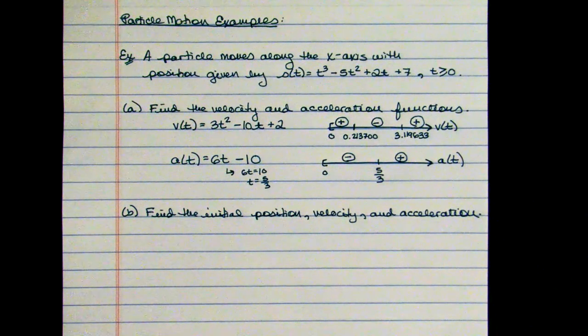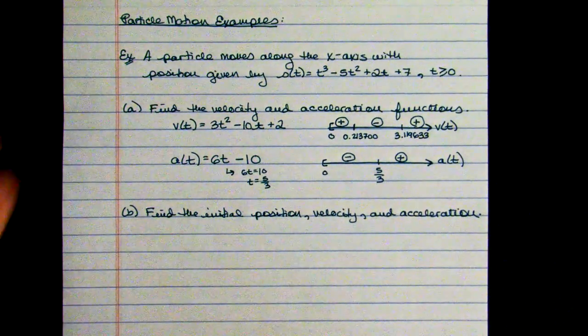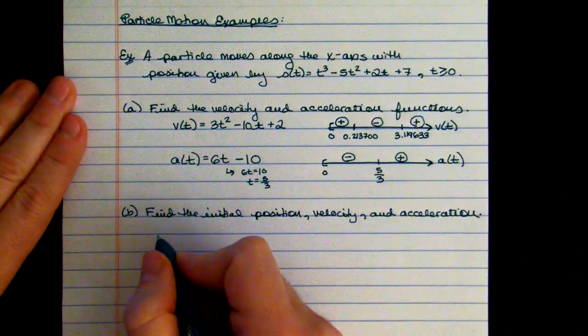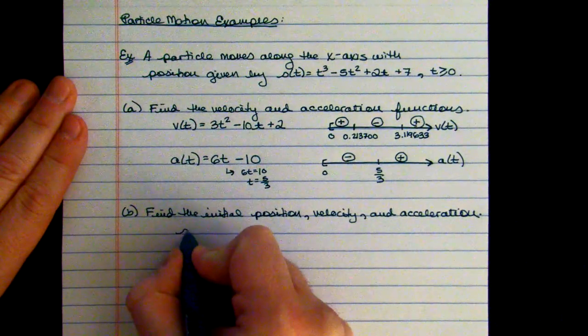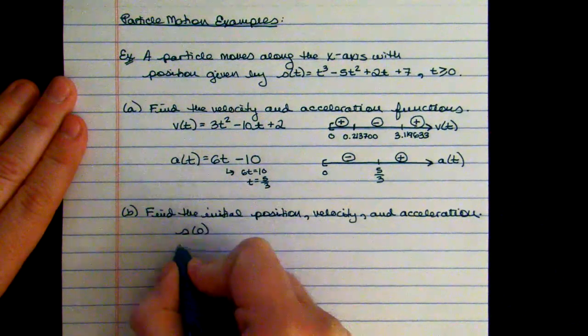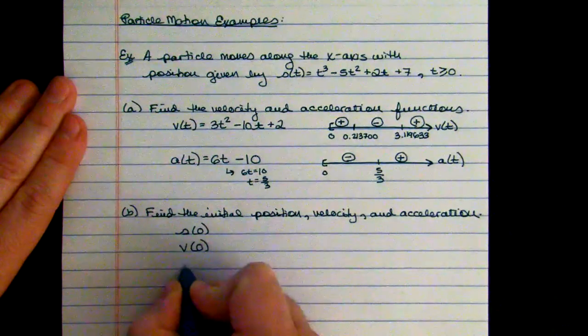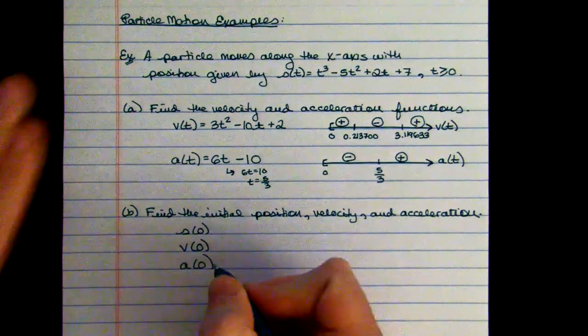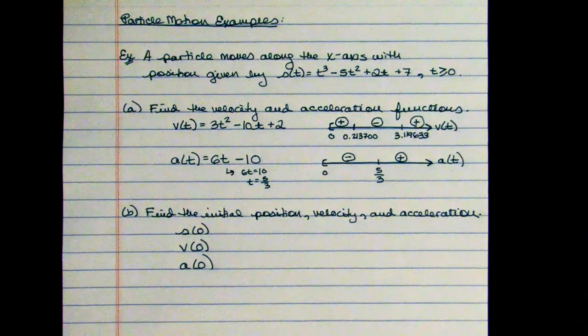Now, if we want to do that, what would we have to do? All we have to do is plug in our initial time, our time of 0, into the position, into the velocity, and into the acceleration. Take a moment, go do those three.